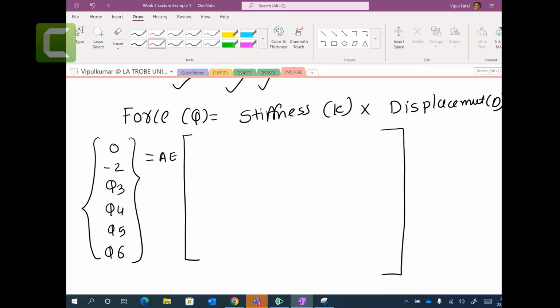Before we do the stiffness matrix, I would like to do the partition of the matrix. The partition means you have a complete border line between the matrix. You can see 0 and -2, and after that Q3, Q4, Q5, Q6 start. So you can see the partition line at 2.